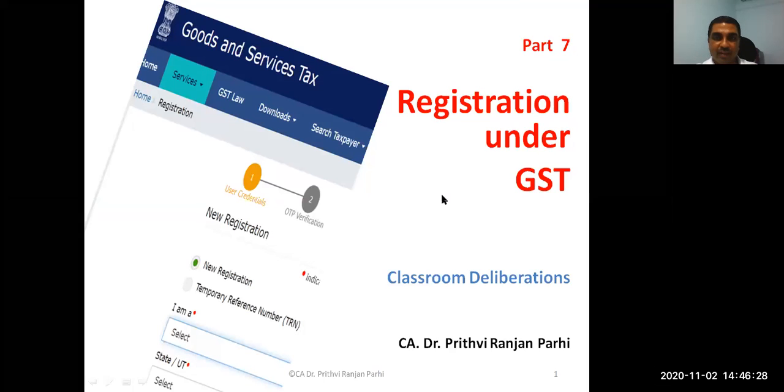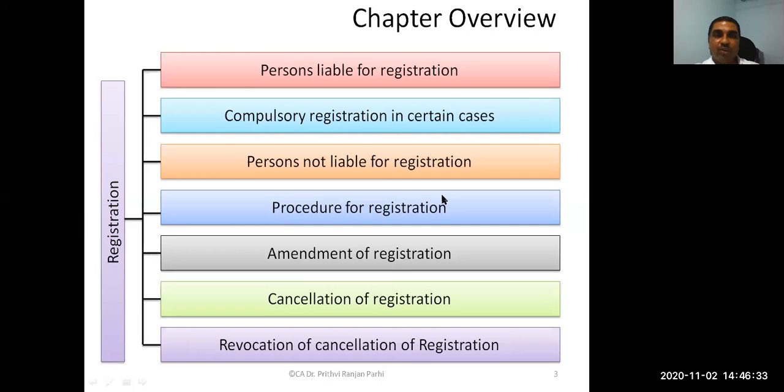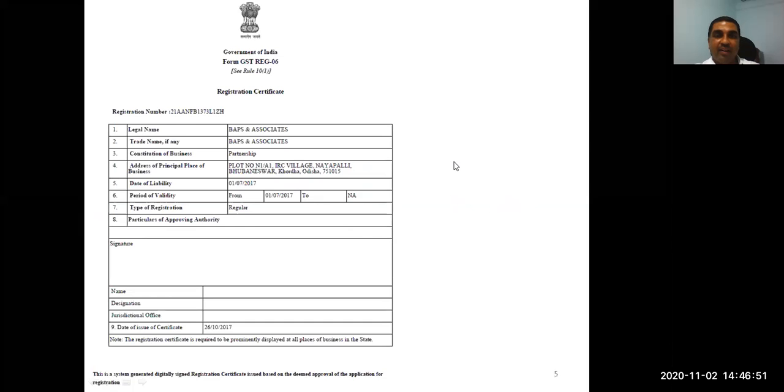Yes, sir. So when we started the subject, these were our plans: to understand who are the persons liable for registration, and what is compulsory registration. We learned who are the persons not liable for registration, and the procedure of registration, which practically you know, right?